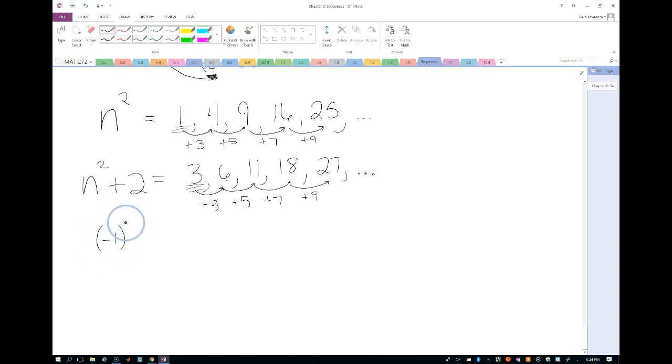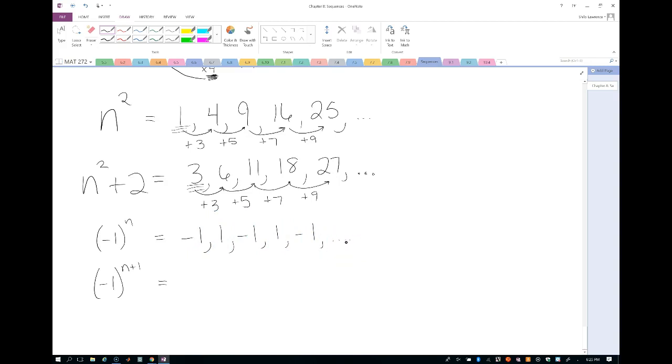We might also see, usually not all by itself, but just as part of an expression for a sequence, -1 to the n or -1 to the n plus 1. So remember, n has to start at a value of 1. So for -1 to the n, we start off negative, and then we're flip-flopping back and forth between negative and positive over and over and over again.